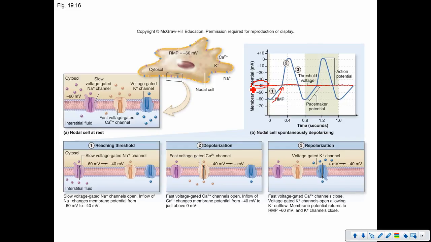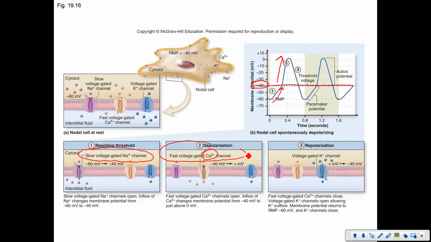Where is it now? Well, these are calcium channels in this case here. Calcium carries a positive charge, okay? So after sodium leaks in to a certain point where we get threshold, now calcium rushes into the cell, and calcium makes the inside of the cell more positive.